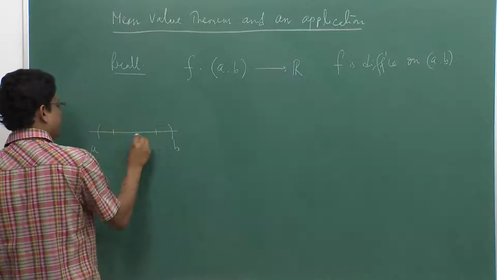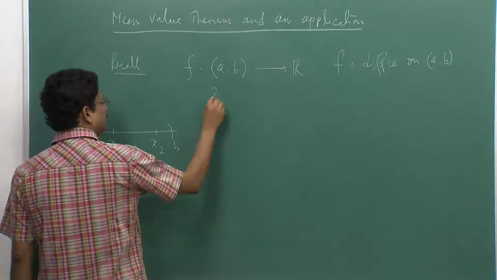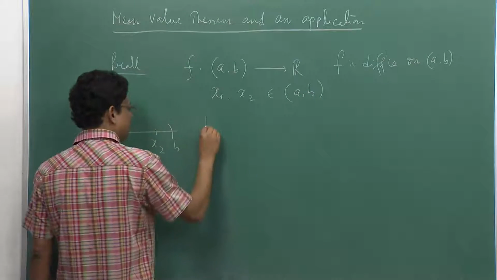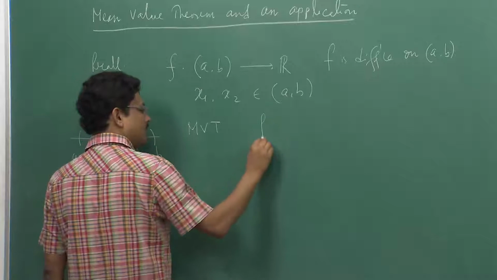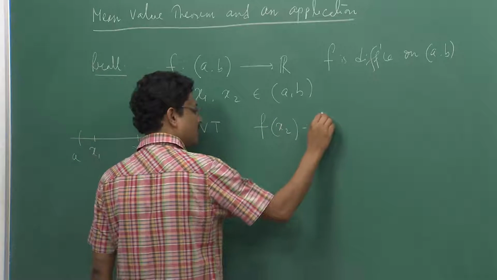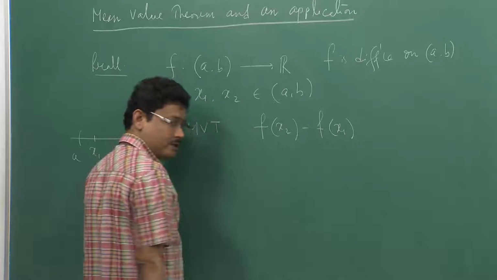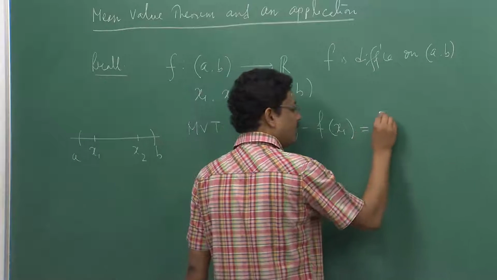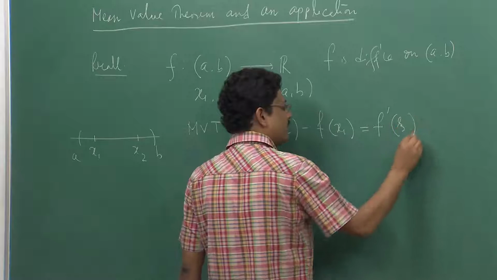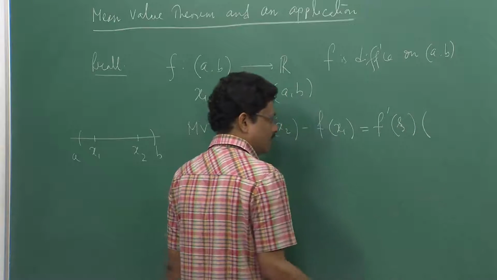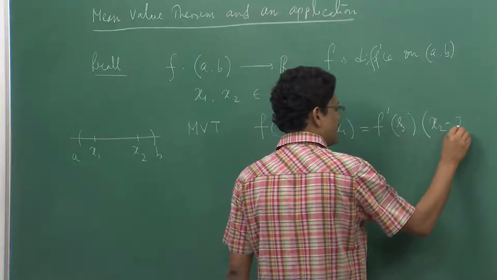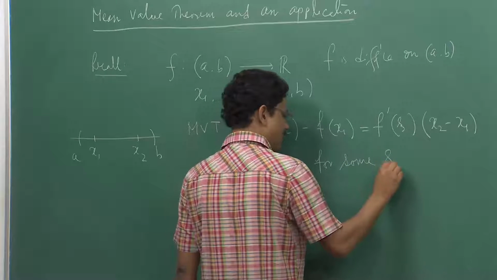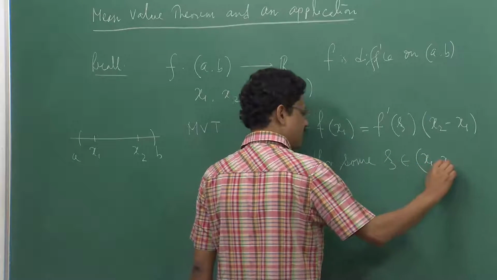Now, if I take any 2 points x 1 and x 2 in a b, then the mean value theorem says that the difference f x 2 minus f x 1, so value difference between these two, is given by f prime xi into x 2 minus x 1 for some xi between x 1 and x 2.